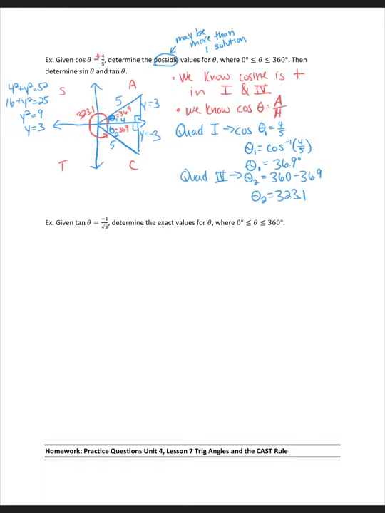Okay, so we need to identify those ratios. So in quad 1, the sine of theta is going to equal my opposite side over my hypotenuse, so 3/5. And the tangent of theta is going to equal my opposite side over my adjacent side.